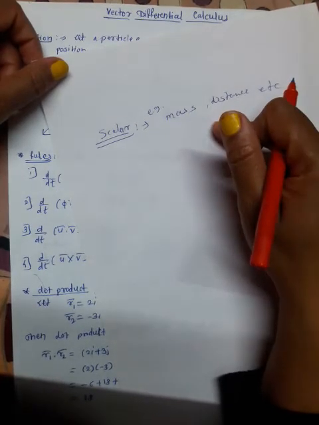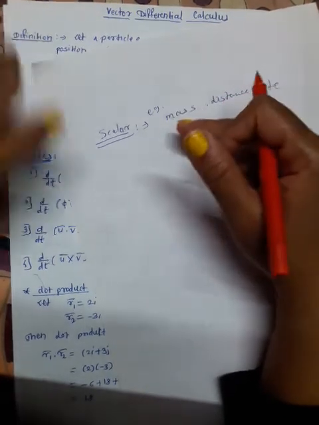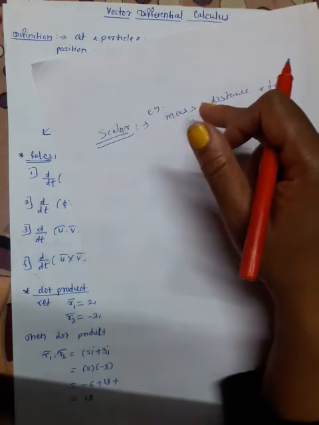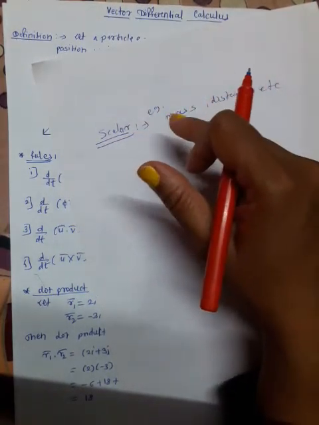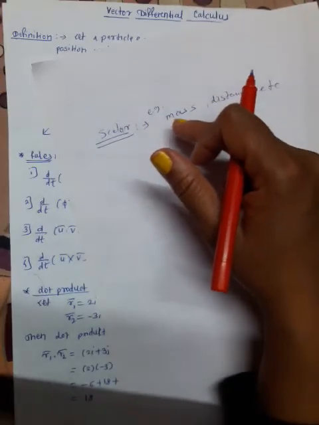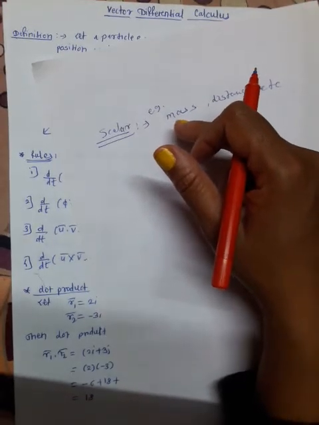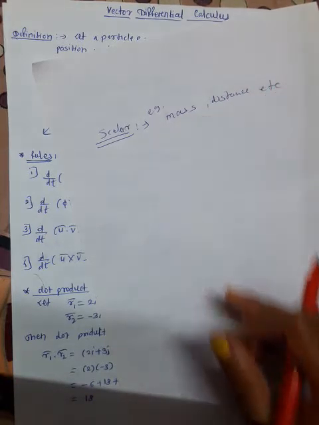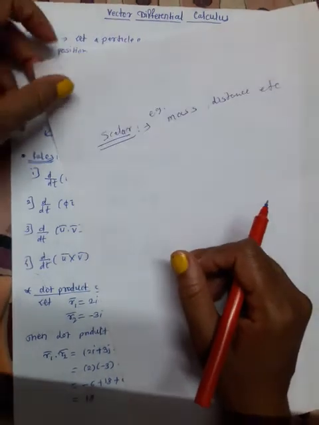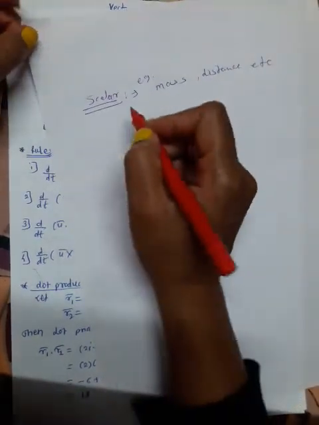They don't need any direction. They have only magnitude, right? That's why they are called scalars. There is no need of direction to define such entities.